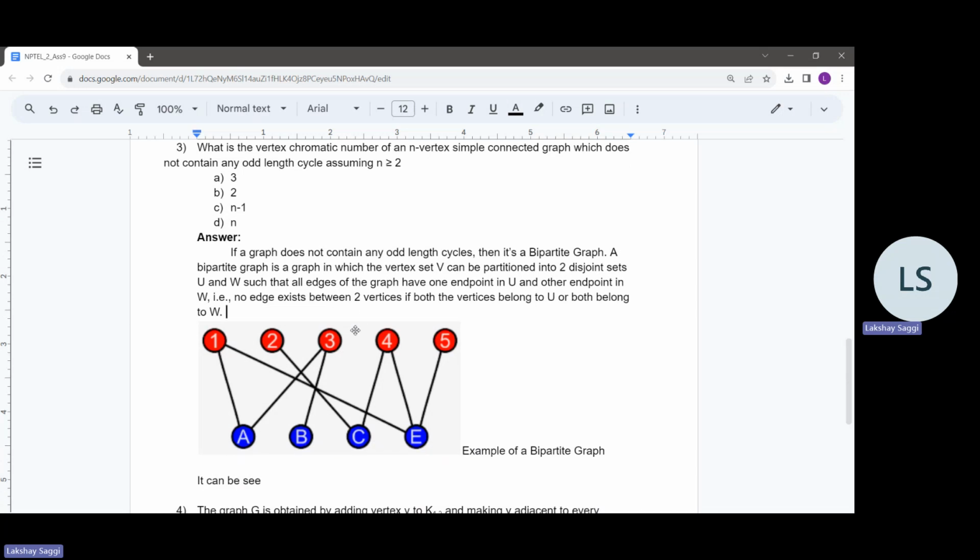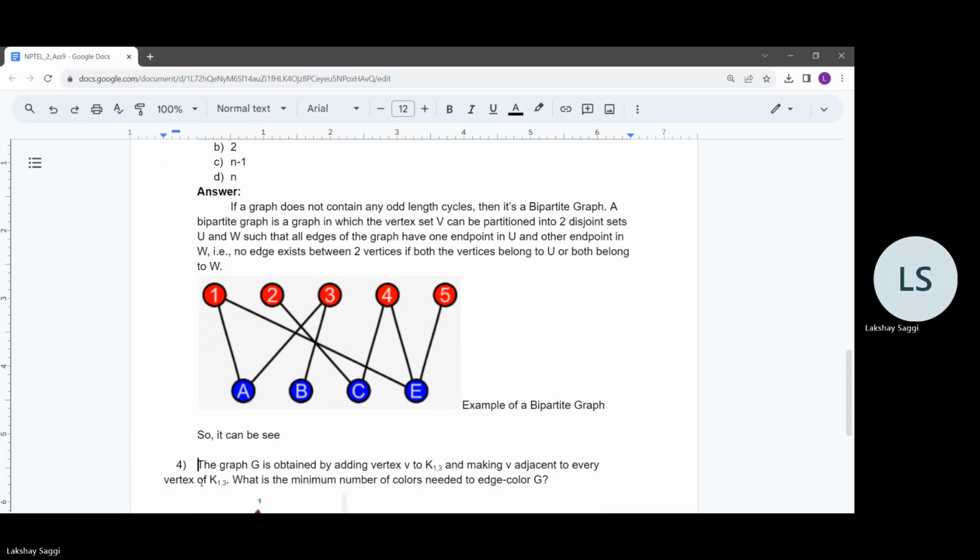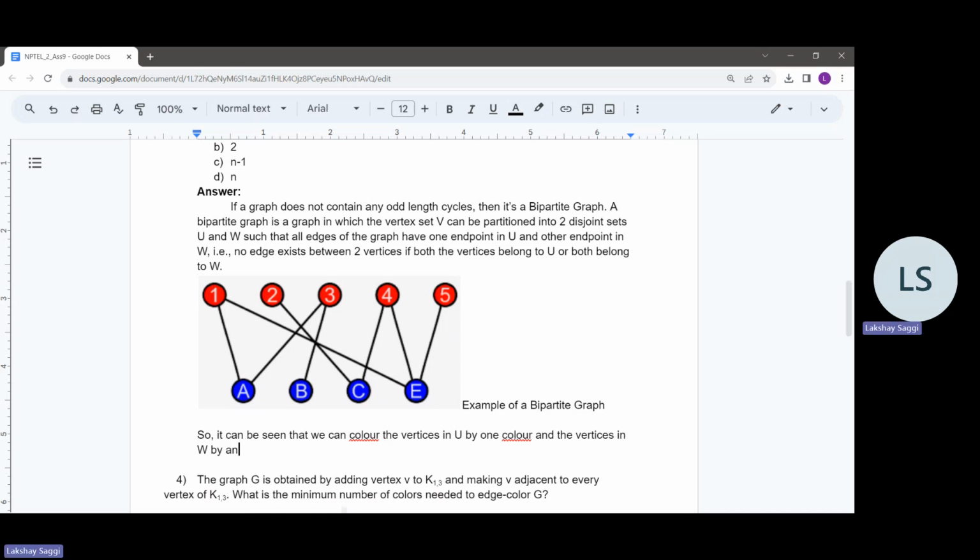And that's why we were able to color the whole set U by one color and the whole set W by the other color. So it can be seen that we can color the vertices in U by one color and the vertices in W by another color.